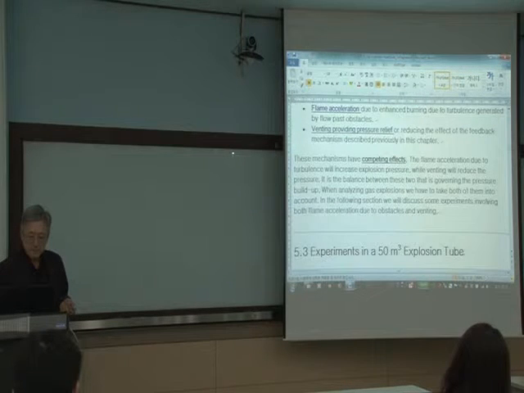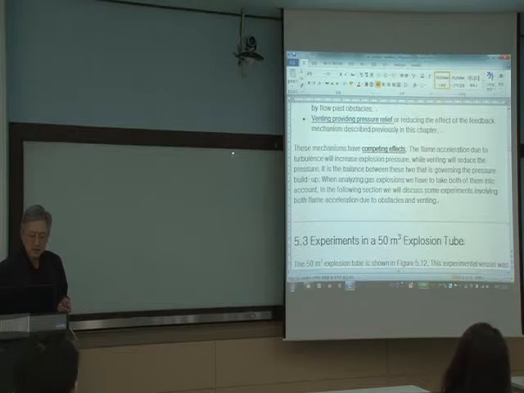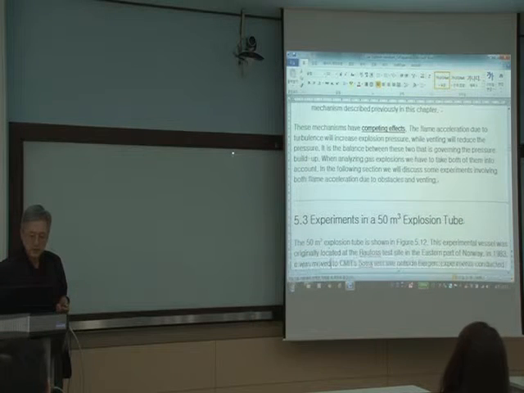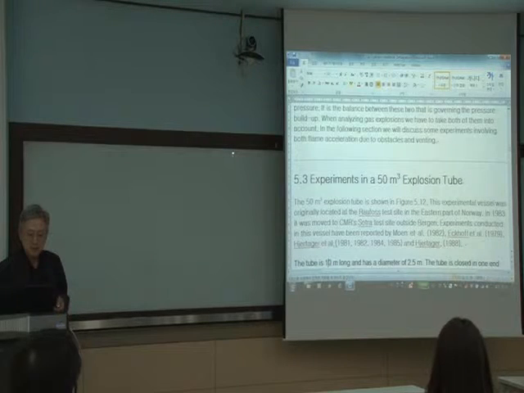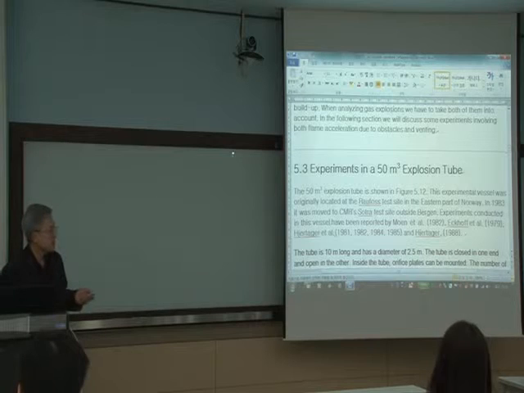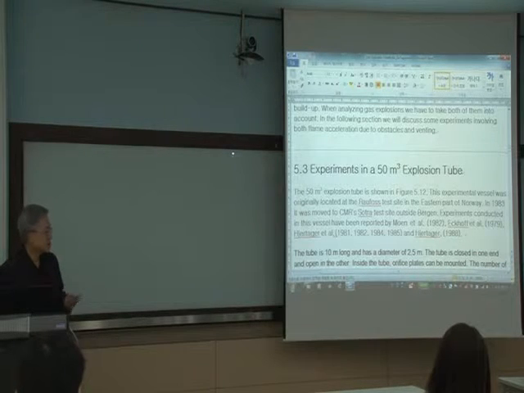Okay. Now come the experiments. If you really want to look in detail, you have to look at the actual report or possibly the paper as shown here.